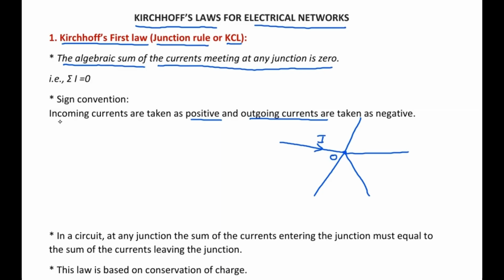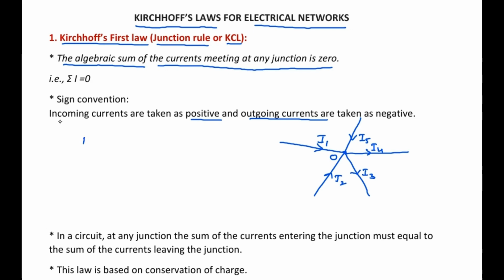Suppose I1 current is entering the junction, I2 current also entering the junction, I3 is coming out, I4 is coming out, and I5 is entering. So the incoming currents are taken as positive.